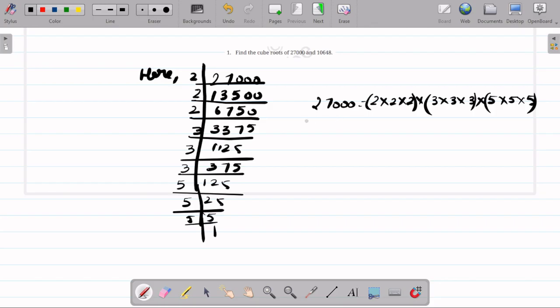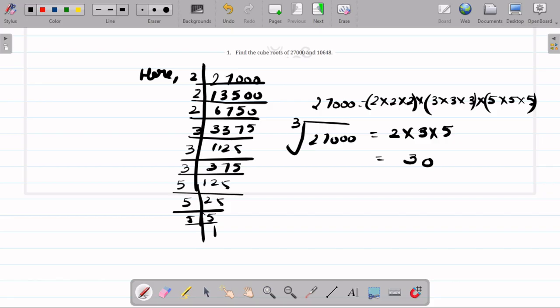So we need to find the cube root of 27,000. It will be 2 cross 3 cross 5. So the answer will be 30. As we used to do for square roots, we will do the same thing for cube roots with the prime factorization method, but here we group them into threes, or triplets.